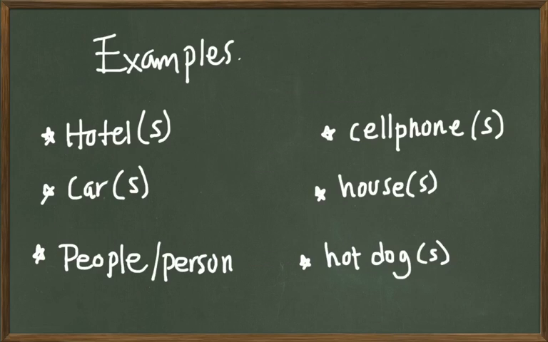Some examples of countable nouns are hotel or hotels, car or cars, person or people, cell phone or cell phones, house or houses, and hot dog or hot dogs.